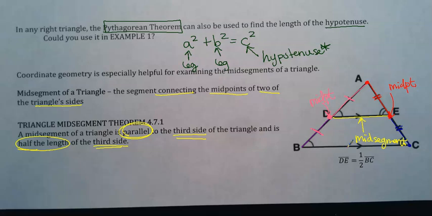So notice this is saying that the mid-segment is parallel. That's what this mark here is for. That's a parallel mark. So those two lines are parallel. And DE is half of BC. The length of segment DE, so from D to E, is half the length of BC. That's our triangle mid-segment theorem. So those two things are going to be super helpful for us.